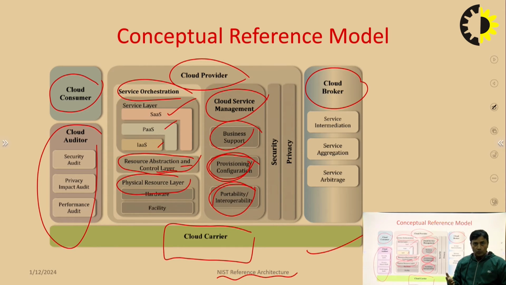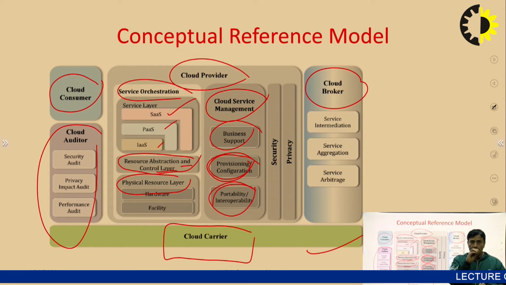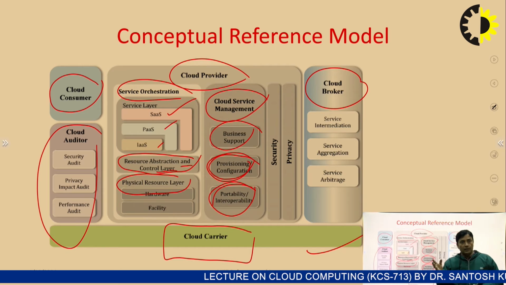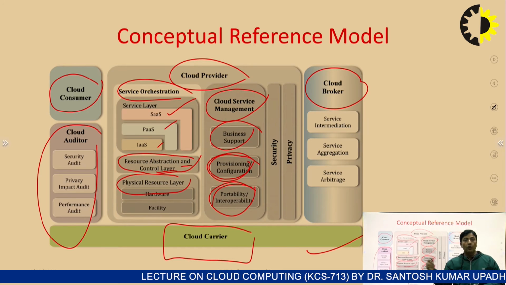Because of this virtualization layer, a number of virtual machines can be run. All these operating systems, along with their applications, are known as virtual machines. The load of any virtual machine can be shifted to another virtual machine. This is the portability.